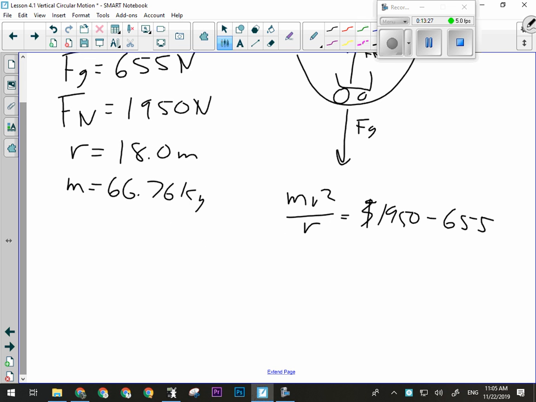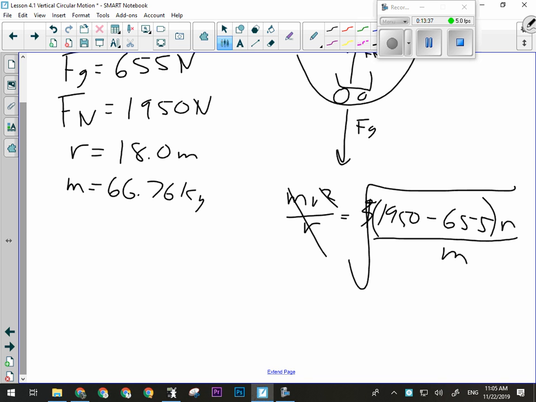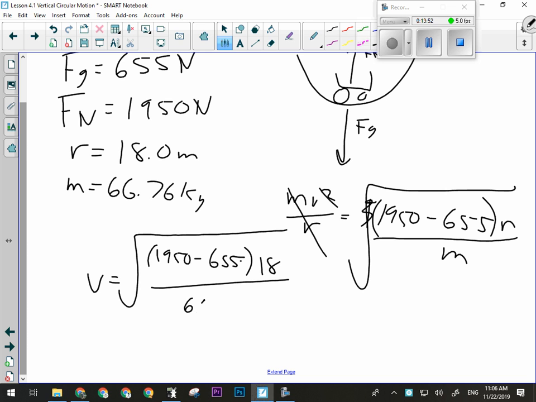I want to solve for the speed, so I'm going to multiply both sides by the radius, and then divide by the mass, and then square root. That'll give me the speed of the roller coaster. So v will equal the square root of 1,950 minus 655, times 18 meters, divided by 66.76 kilograms.